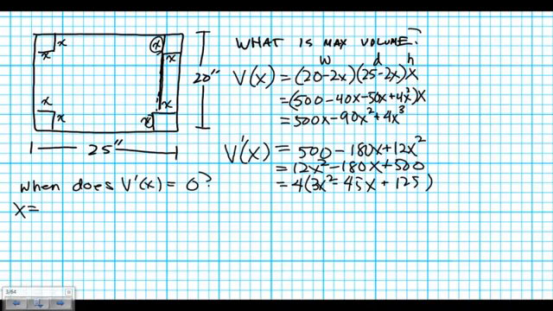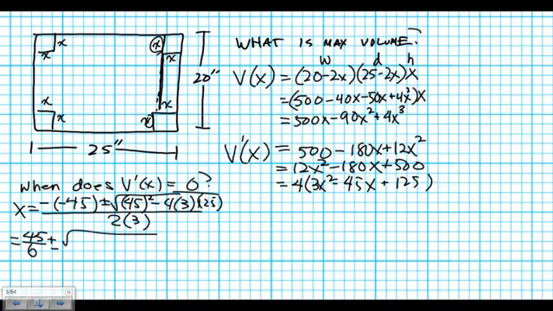So x is equal to minus a negative 45 plus or minus the square root of 45 squared minus 4 times 3 times 125, all over 2 times 3. So it's equal to 45 divided by 6 plus or minus the square root. That's going to be huge.